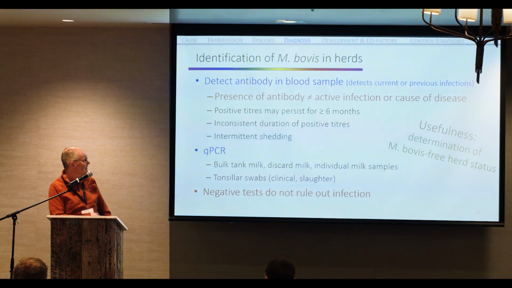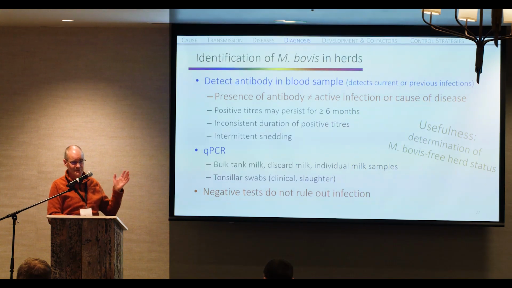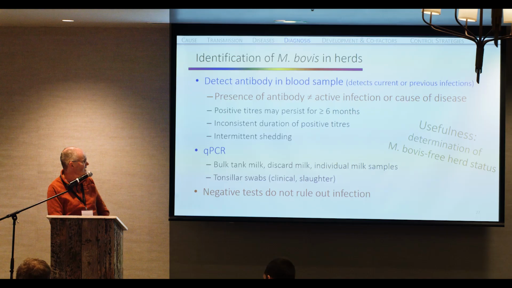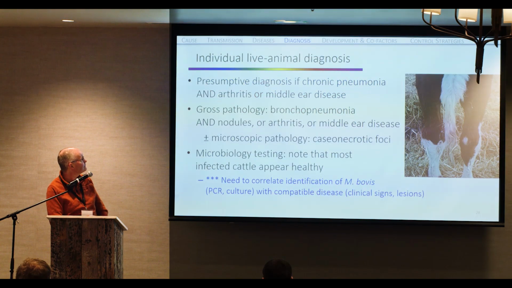So I think the only way that this would be relevant to you is if you want to source calves from Mycoplasma bovis-free dairy herds, that would be a way to certify those dairy herds. But to my knowledge, that's not being done. But there certainly are tests available to do that.